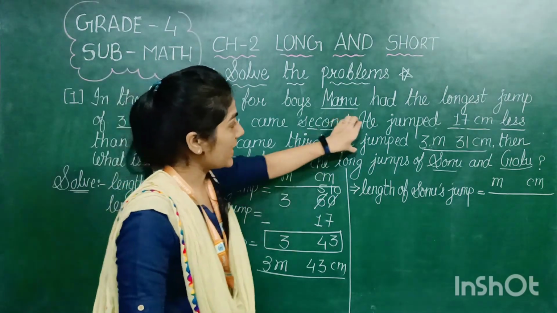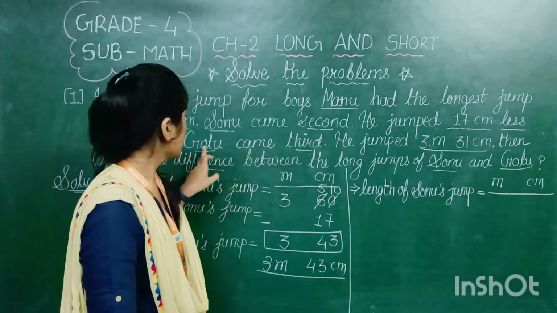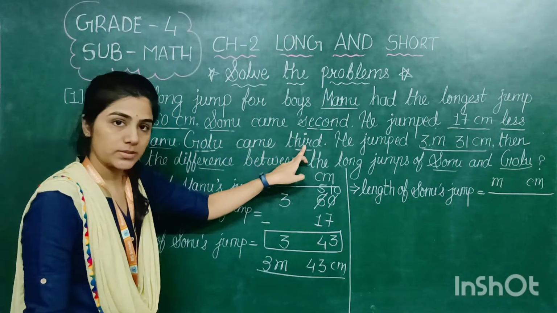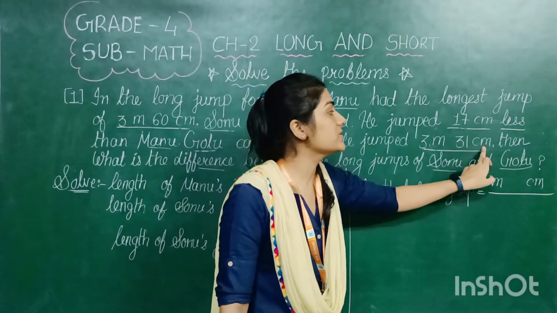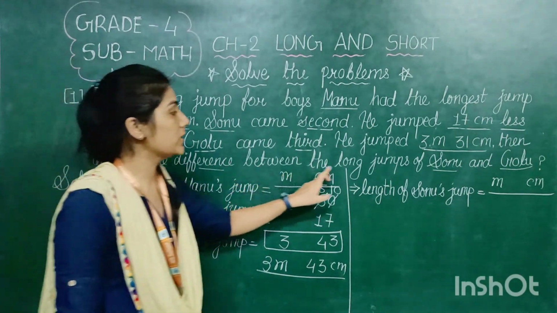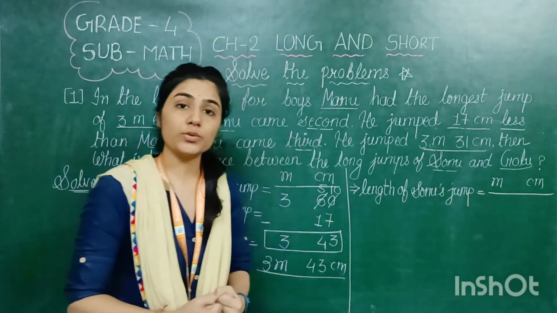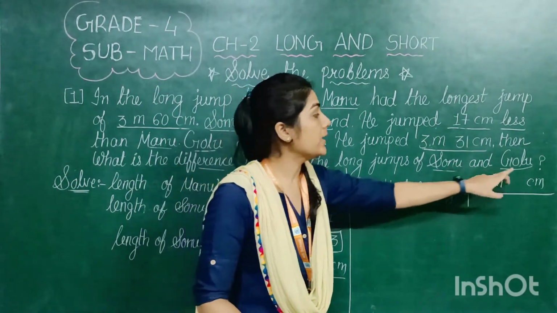Now what we have to do? We have to find the final answer. You can see that Golu came third. That means he jumped 3 meter and 31 centimeter. Then what is the difference between the long jumps of Sonu and Golu? That means we need to make a comparison. We need to find the difference between Sonu's jump and Golu's jump.